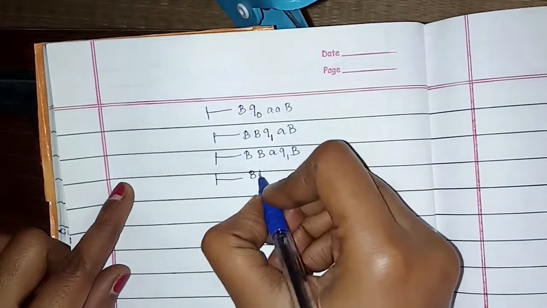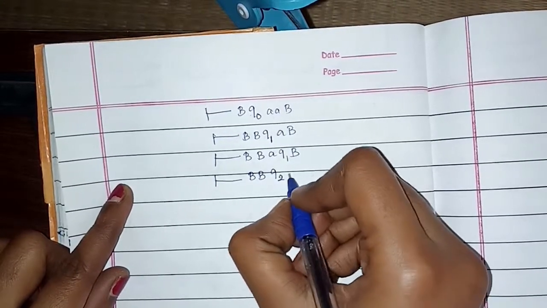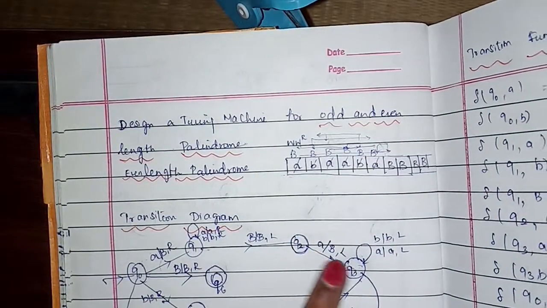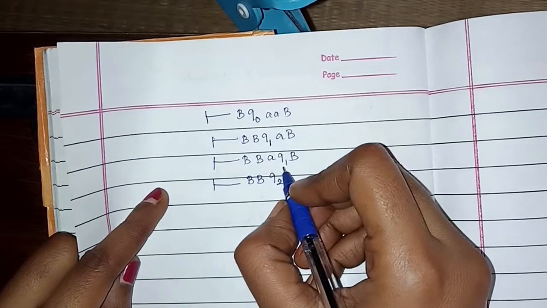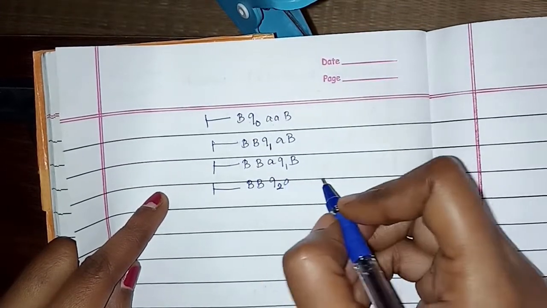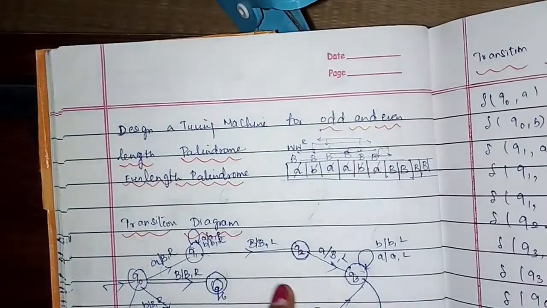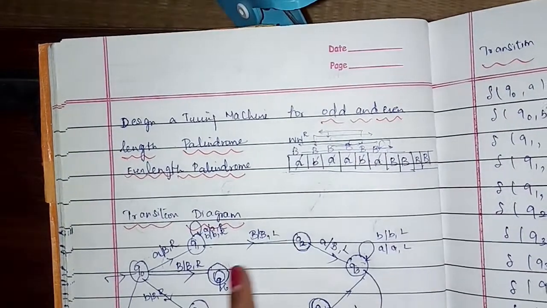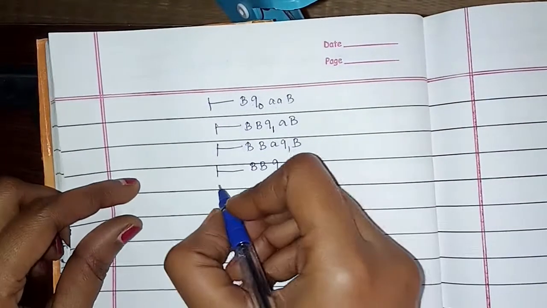Okay, B is Q2, right? Q2, A is changed to B. So A is changed to B, right? Q2 A B. So okay, Q2 A B. Fine. Q1 on blank has to make left direction, and Q2 on A has to make B, right?